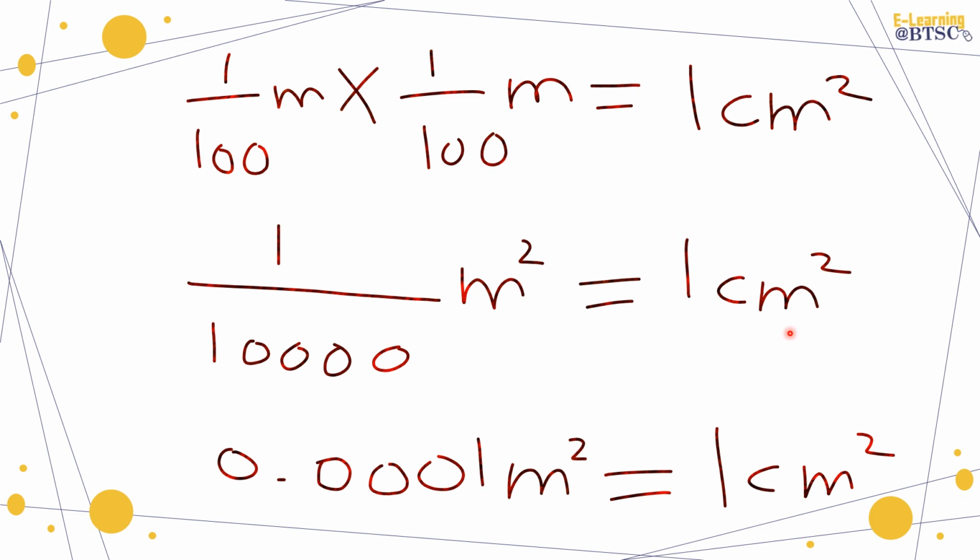That is equal to 1 centimeter square. Now we will divide 1 by 10,000. You have the answer 0.0001 meter square. That means 1 centimeter square is equal to 0.0001 meter square.